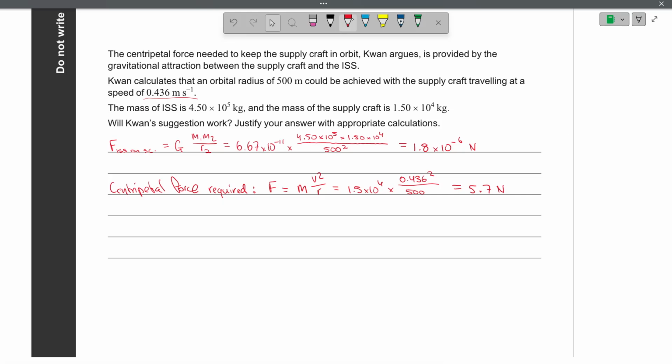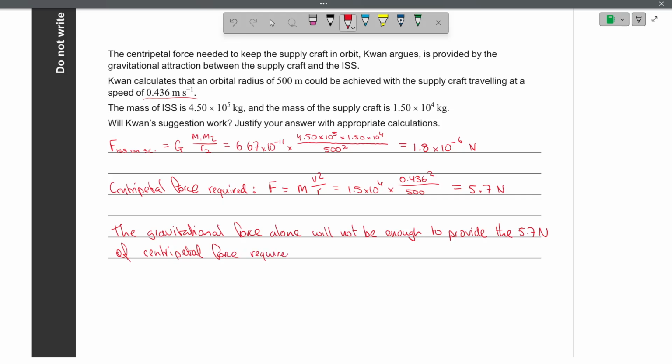Okay, so we can just state that finally as something like: the gravitational force alone will not be enough to provide the 5.7 newtons of centripetal force required, and then just say, will Quan's suggestion work?